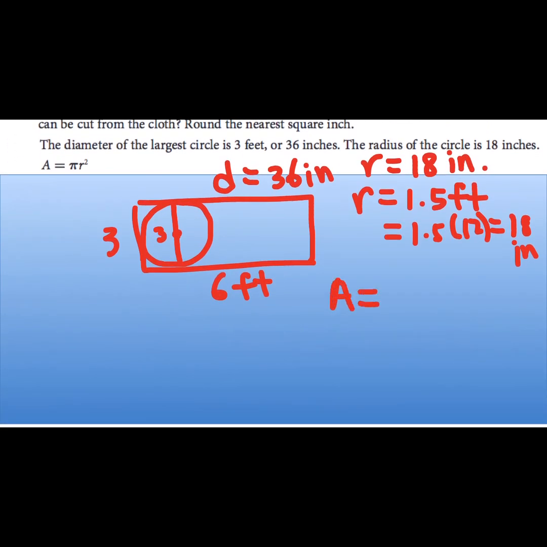So now proceeding to find the area of this circle, that will be area equals pi r squared. So we're going to substitute the 18 inches that we found inside, and we will have 324 pi square inches.